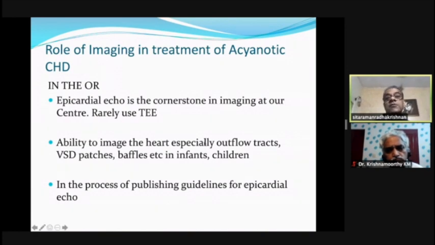So epicardial echo gives us an excellent window to look at the outflow tracts after repair, VSD patches, baffles, etc. in infants or children where it is difficult to put a TEE probe into small babies. So the epicardial window is one of the best windows that we feel. We use it daily in our OR, and we are in the process of publishing the guidelines for epicardial echo as we do it in the pediatric journal.